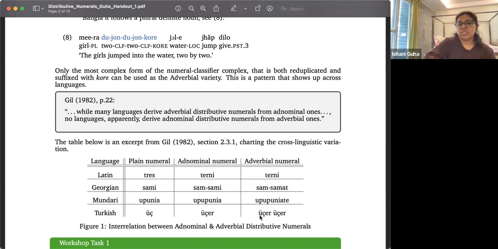And so the point here is that the adnominal ones and the adverbial ones are basically part of the exponents of the same process.